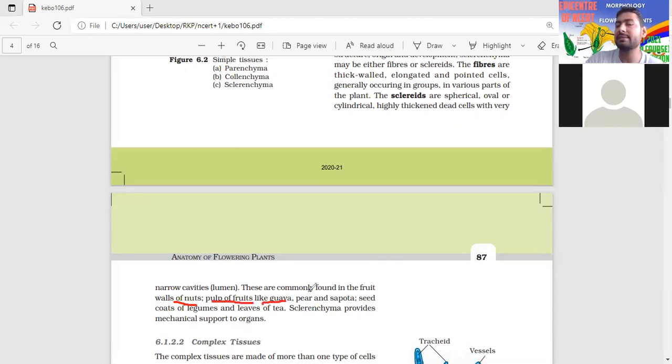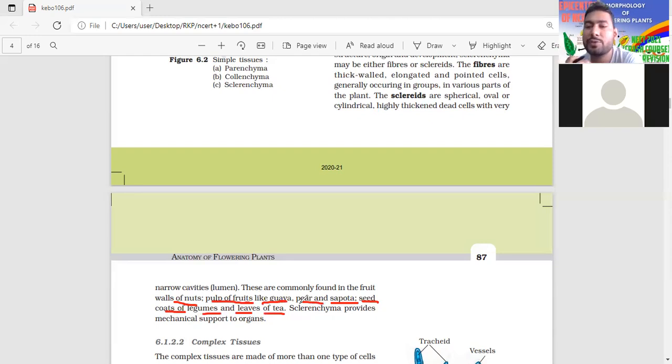The grittiness of guava and pear is due to the presence of these sclereids; when you eat the guava, you feel a little grittiness. So: wall of nuts, pulp of fruits like guava, pear and sapota, seed coats of legumes, and leaves of tea.